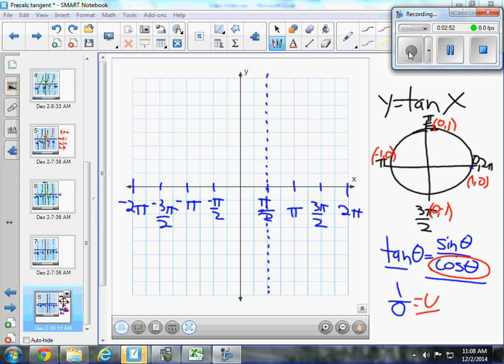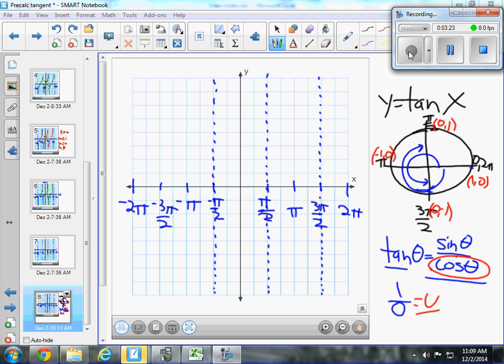If I keep going around the circle, cosine is equal to 0 again at 3 pi over 2, so I'm going to have an asymptote there as well. And if I went negative around the circle, I would have an asymptote at negative pi over 2 and at negative 3 pi over 2.